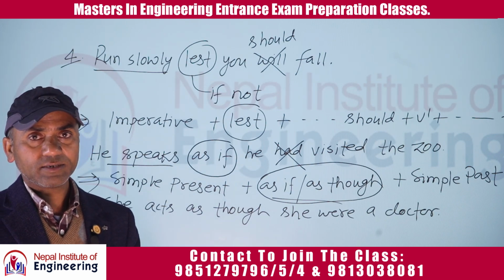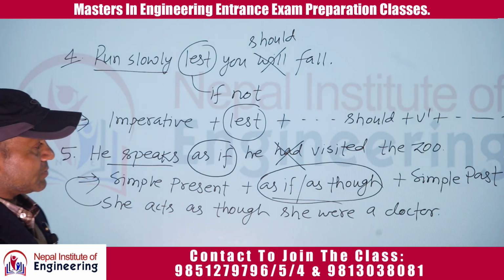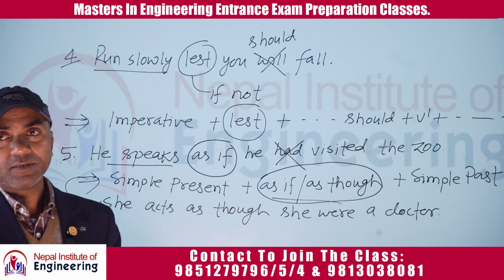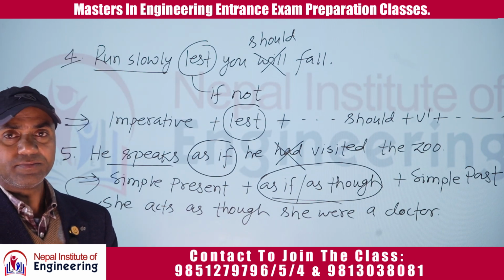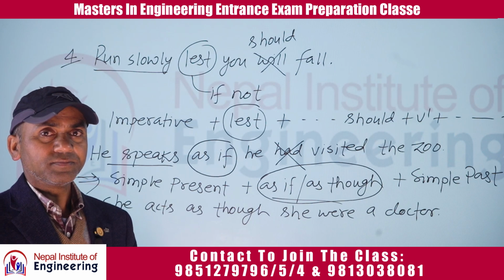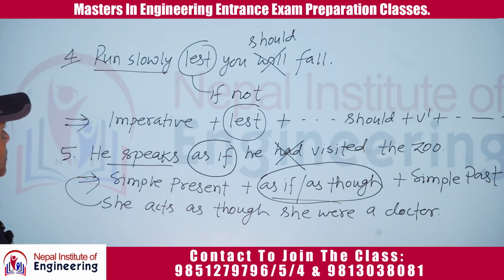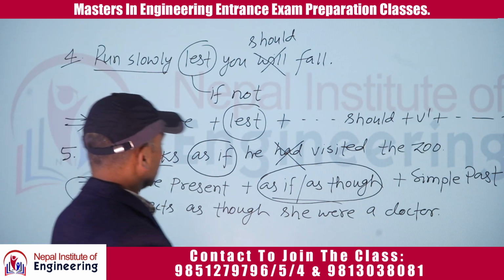Did you understand? So for this also, the rule is the same: simple present plus as if or as though plus simple past. Any confusion here? No. Now go to next.